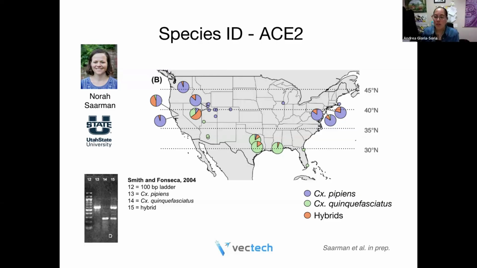And they were genotyped initially using standard PCR that was developed by Smith and Fonseca in 2004 for targeting the ACE2 gene. This gene has been determined to be useful for distinguishing between pipiens, quinquefasciatus, and hybrids. And so it's the most economical way of starting the survey.